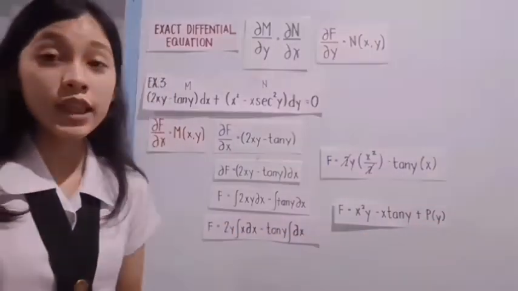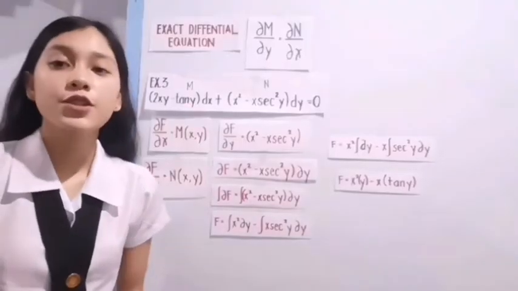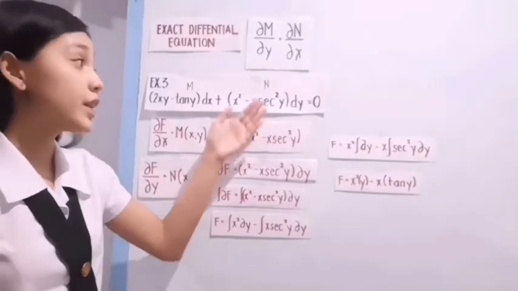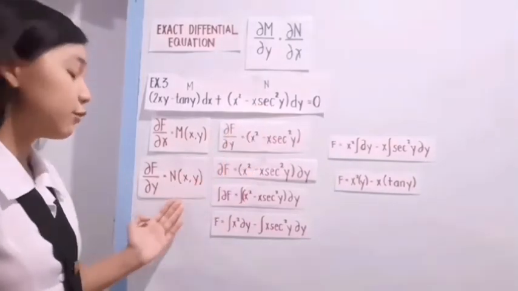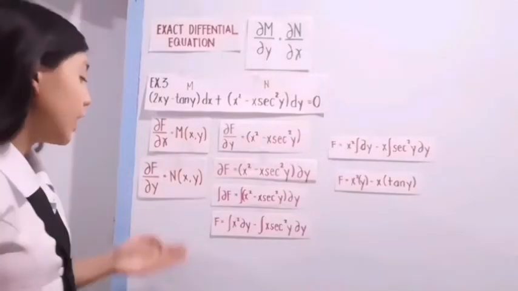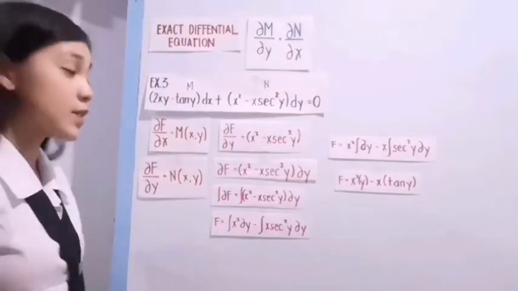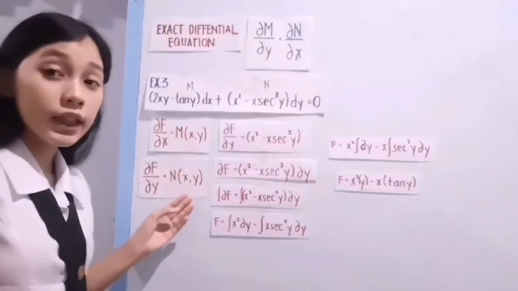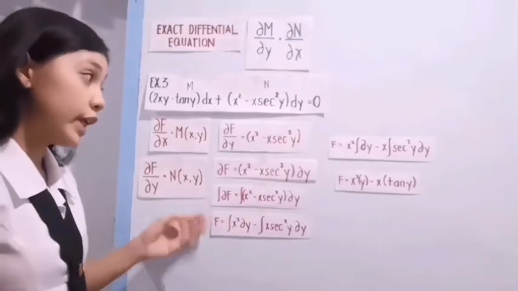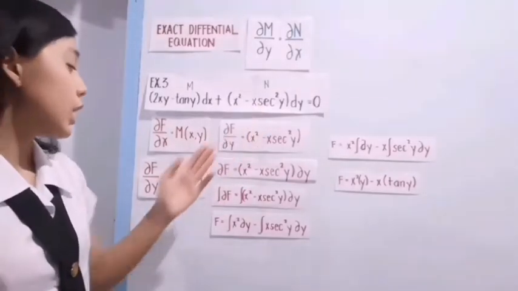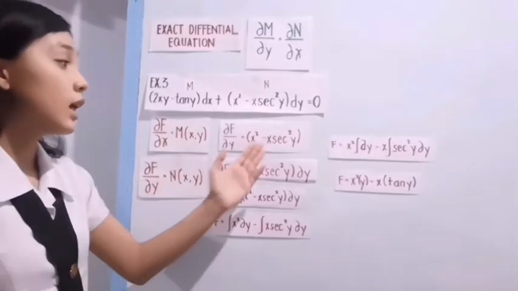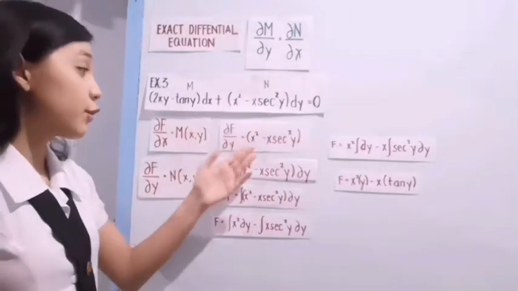So, doon naman tayo sa next step. Para makuha naman natin yung sa part ng n, gagamitin naman natin yung formula na may kinalaman sa n. Ito yung partial derivative of f with respect to y is equals to n with x and y components. So, dito, isa-substitute lang natin yung n dun sa formula natin.